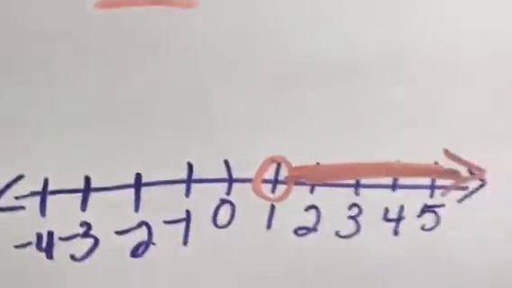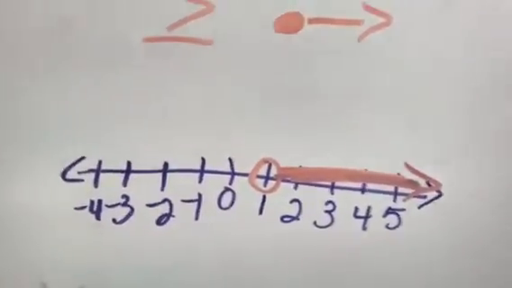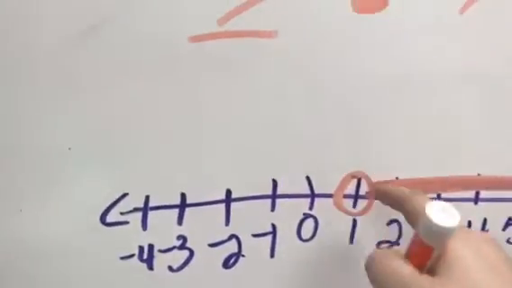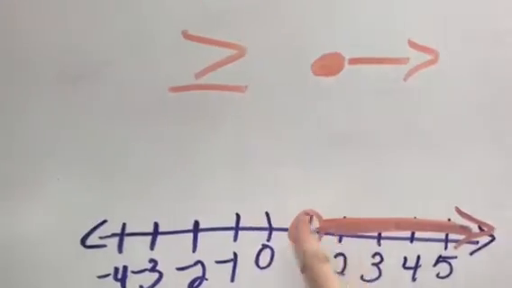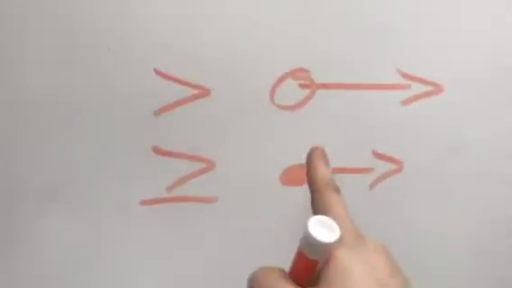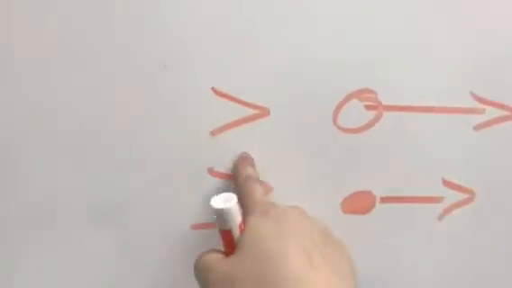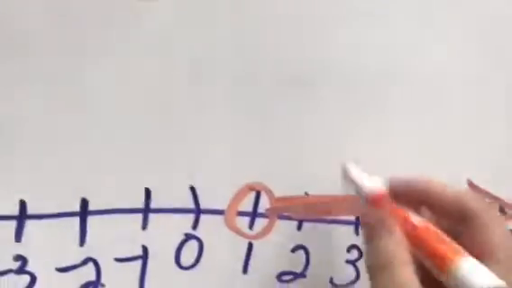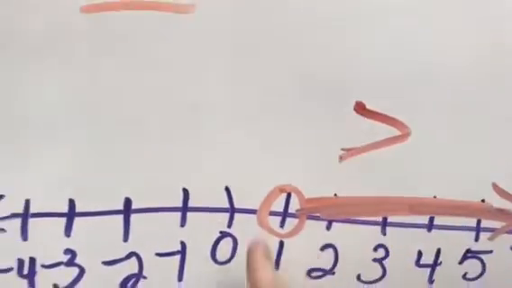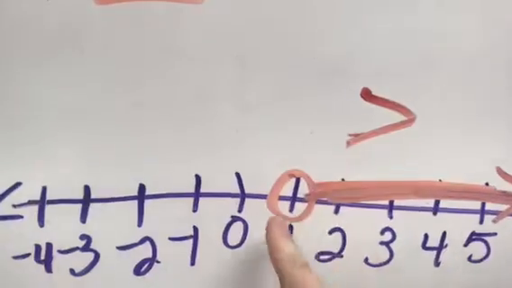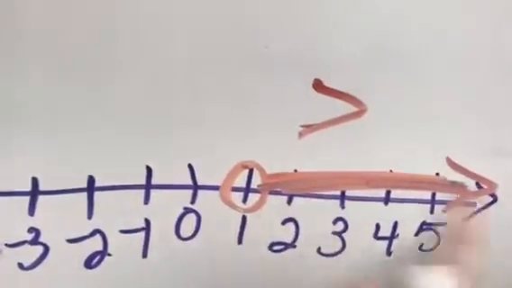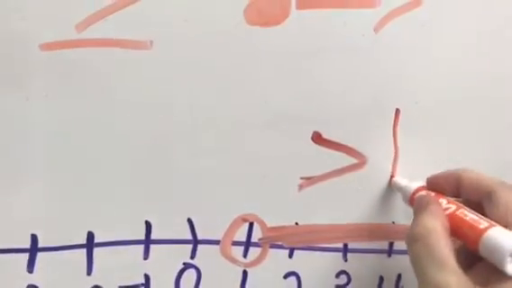Now what that means is when I have a number line like this, and it's got an open circle, if we go back over here and it's pointing to the right, we're going to figure out, okay, here's an open circle to the right, we're going to use the greater than sign. So I'm going to do the greater than. But it's right here. It says it's anything greater than 1. Okay?